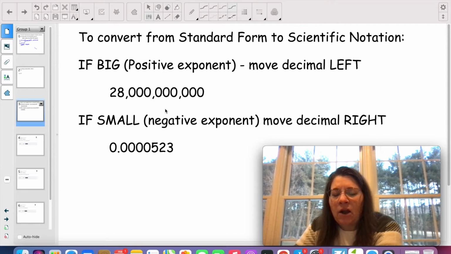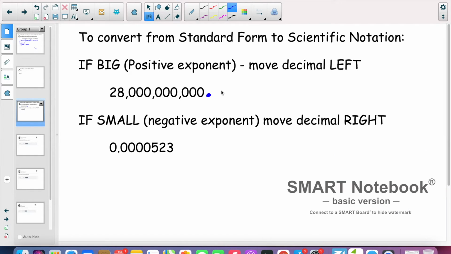Today, since it's already in standard notation, we're going to move the decimal to the left until our number is between 1 and 9.9. Our decimal in any number that doesn't have any decimals in it is all the way to the right. So that's where my decimal is if there's no decimal in the problem that we can see.